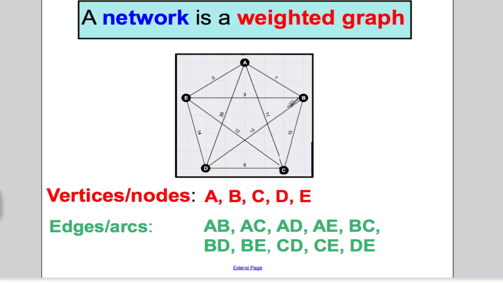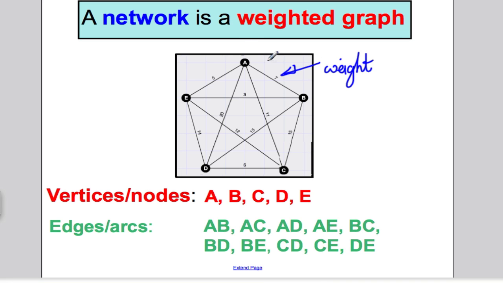Now these numbers could mean the cost of getting from A to B, or the length of wire to get from A to B, or the time it takes to get from A to B, etc. So these are called weights here. When you assign numbers, that's called weight. Okay. Now all a network is, is a weighted graph. It's a graph and it has weights assigned to it.